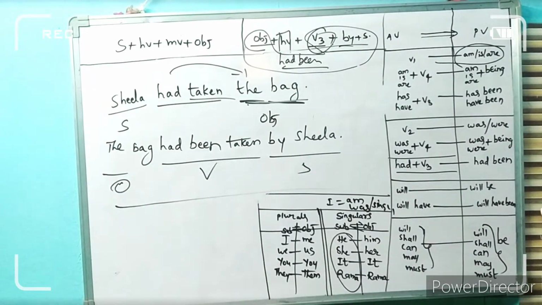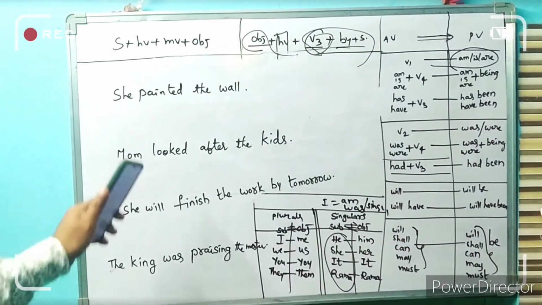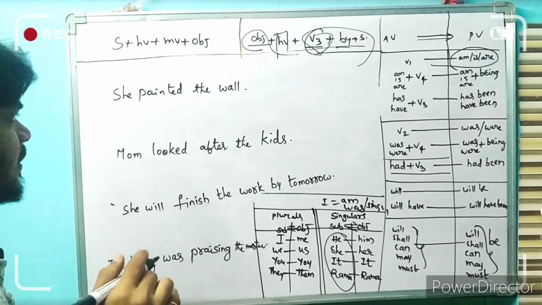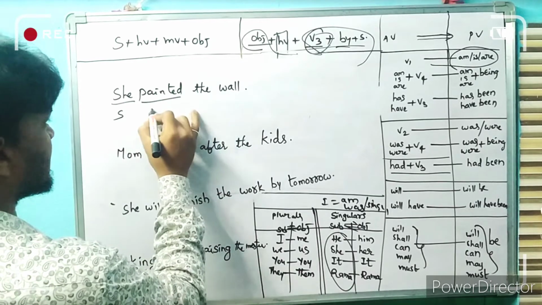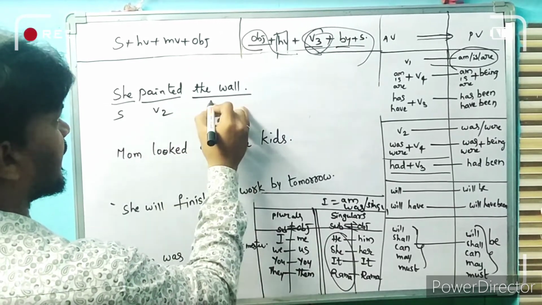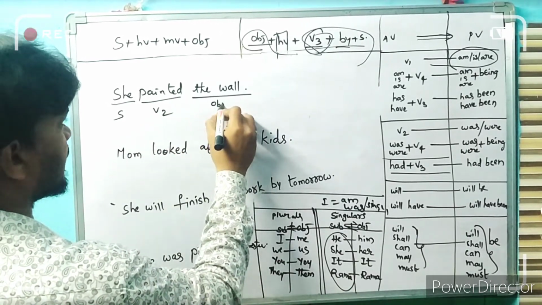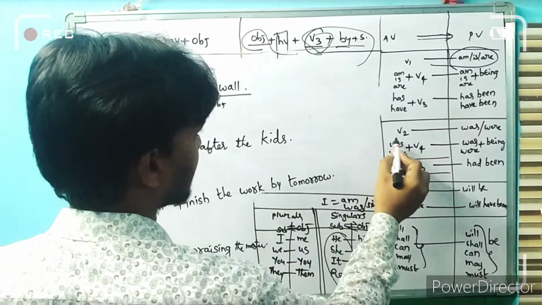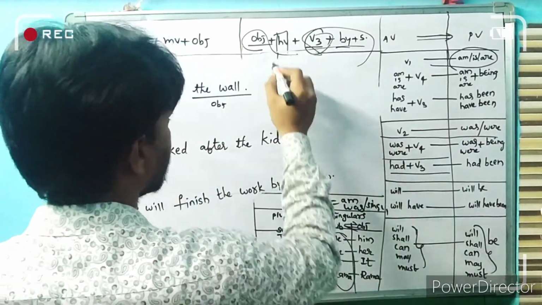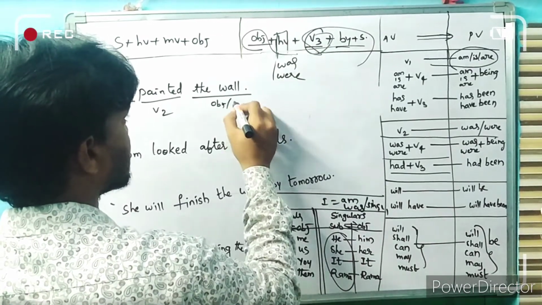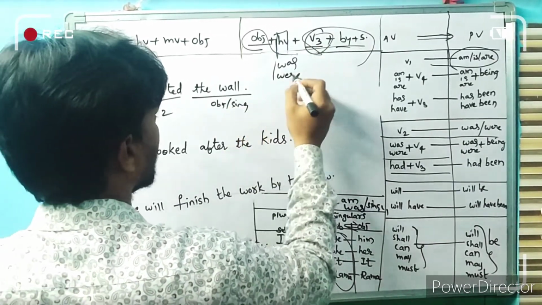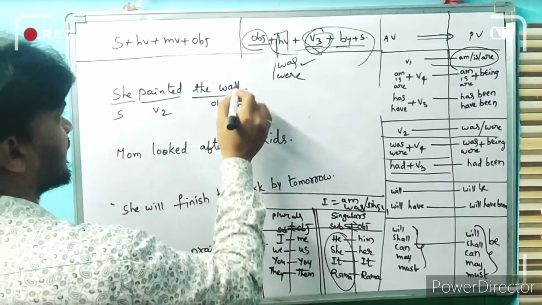Next sentence. She painted the wall. Here, who painted? She is the subject. Painted is a verb 2 form. The wall is the object. So subject plus V2 plus object. This is past simple tense, so the helping verbs are was and were. The wall is singular, so we use was for the wall.